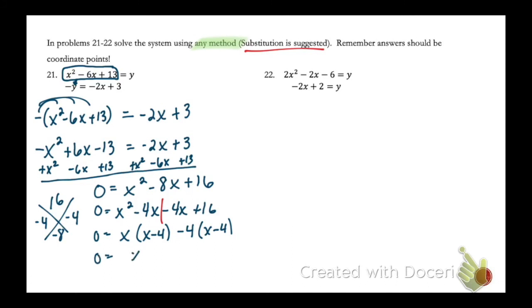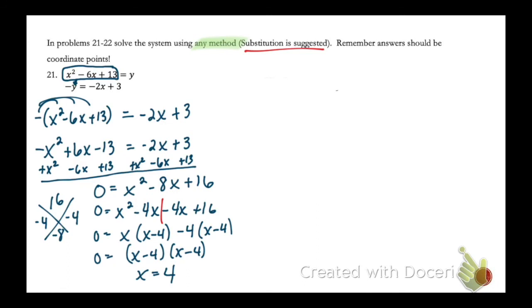Once I have my factors, I'm going to set them equal to 0 and solve. Since both of my factors are the same, x minus 4 and x minus 4, I'm just going to have one solution. So I'm just going to use x equals 4.